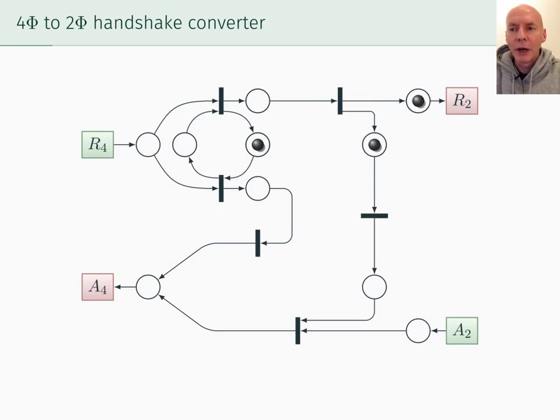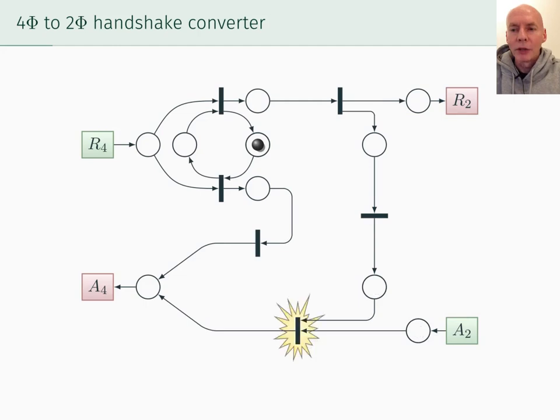Another transition fires, 2 more places are marked, and R2 fires, the request terminal on the 2-phase port. Along with that, a transition fires internally, marking the place below it.